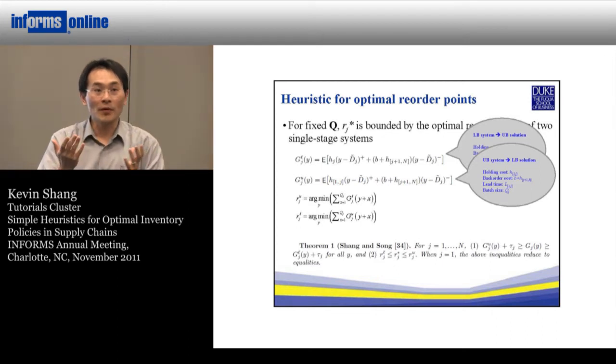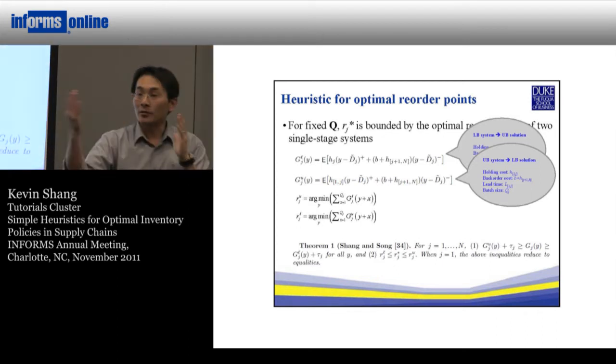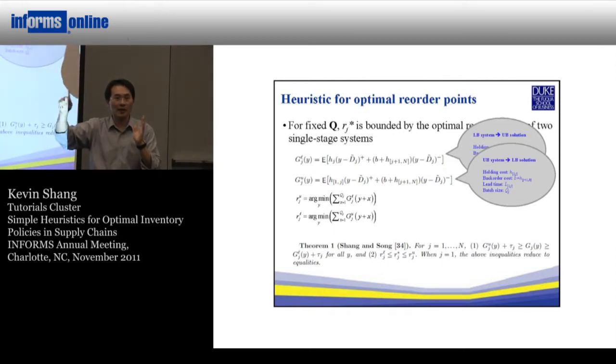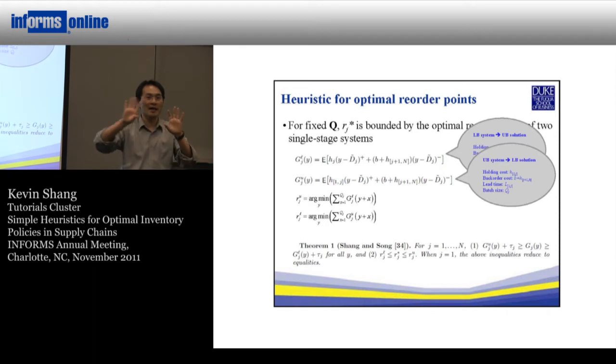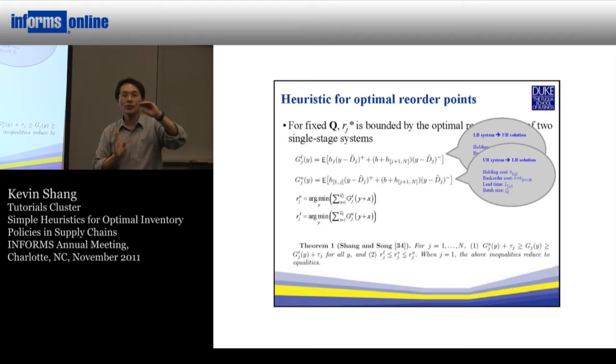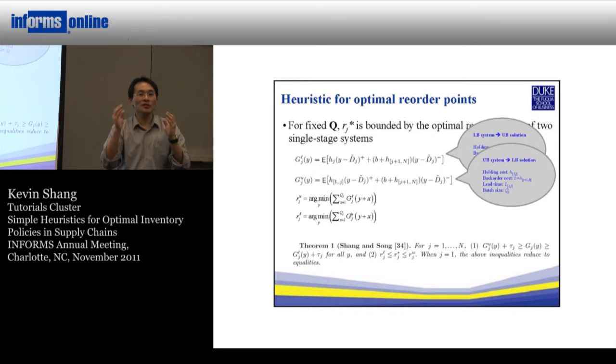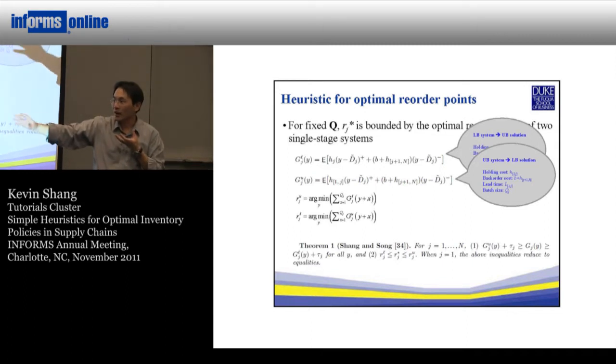Remember before, if you look at a non-echelon system, in the original system you have H1, H2, H3, Hj. These are echelon terms. But if you extend every location to use the same local holding cost rate, then for the entire echelon, we have the same holding cost rate.